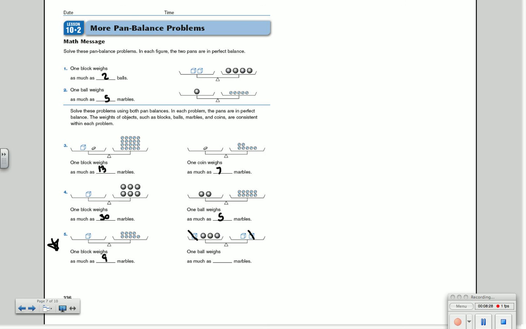So if I know 1 block weighs 9 marbles, I'm going to put 9 marbles on this side here. And think about it. I have 3 balls here. That means I need to split 9 by 3 to figure out how much 1 ball equals. Well, 9 divided by 3 is simply 3 marbles. So 1 ball weighs as much as 3 marbles.